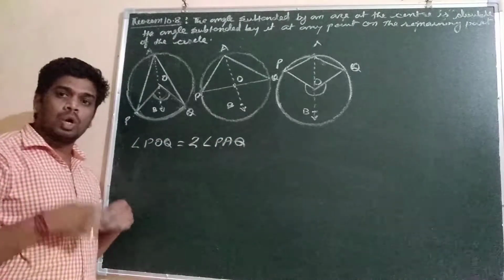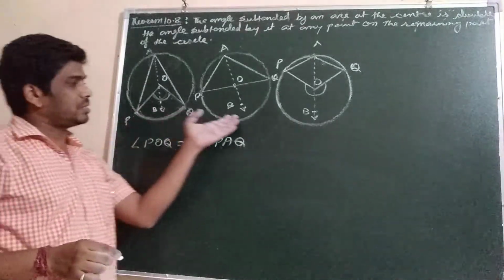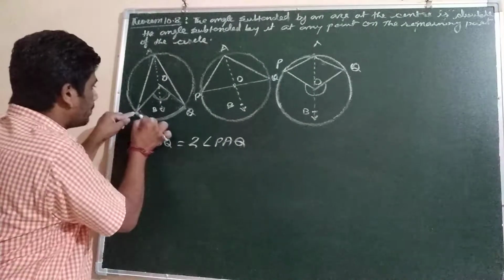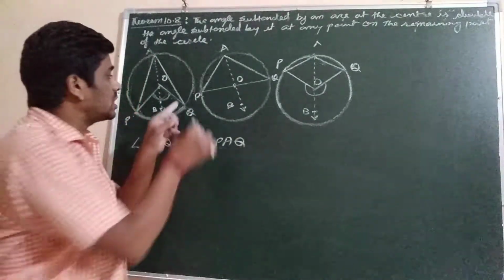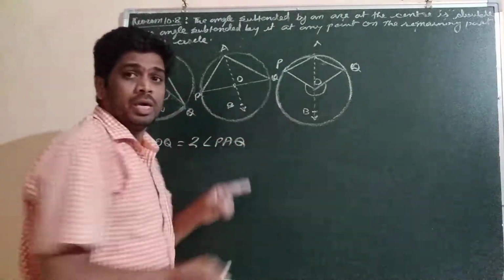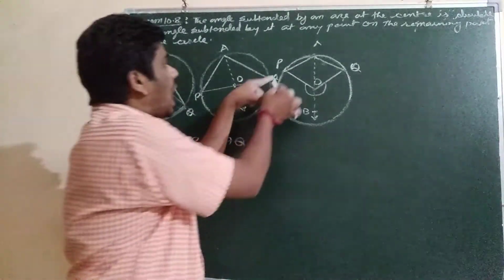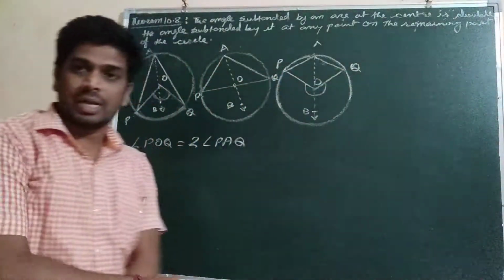Okay, so there may be three cases. This arc RPQ may be minor, this RPQ may be a semicircle, or this RPQ may be a major arc.